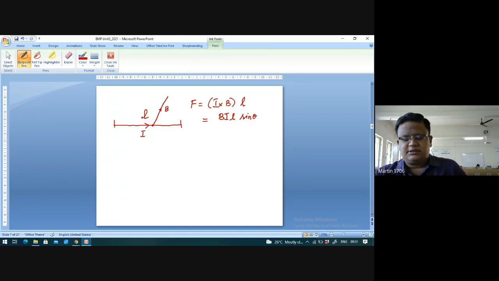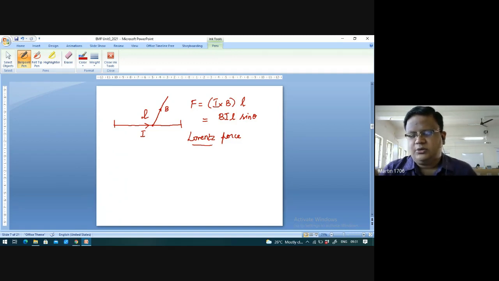This equation is also called the Lorentz force equation. Based on your requirement, in your given geometry or constraint, you have to take the appropriate formula.